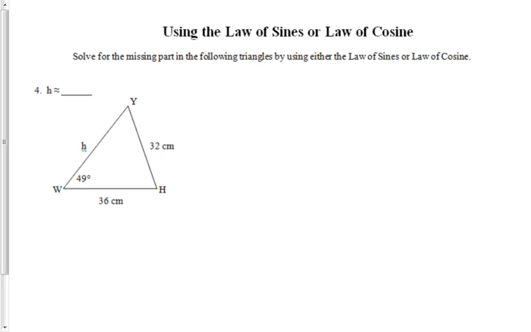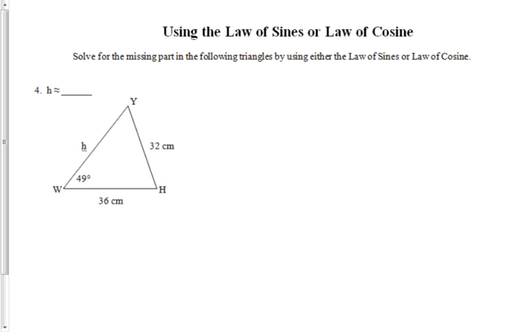So looking at the diagram, we have angle W, and we have side W. We have side Y, but we don't know angle Y. We're trying to find side H, but we don't know angle H.